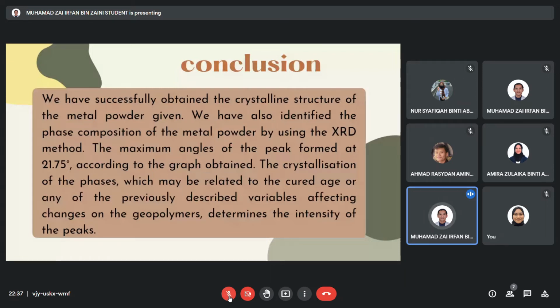The maximum angle of the peak formed is at 21.75 degrees according to the graph obtained. The crystallization of the phases, which may be related to the curves H or any of the previously described variables affecting changes on the geopolymers, determines the intensity of the peak.